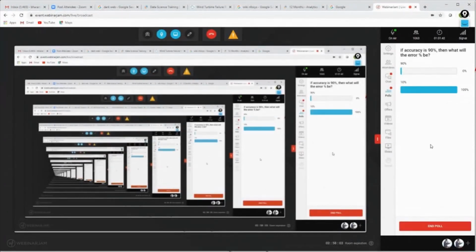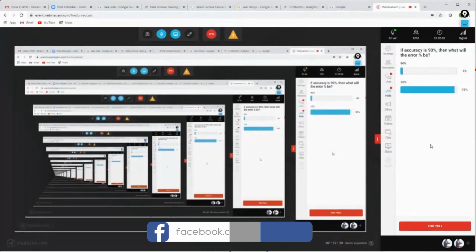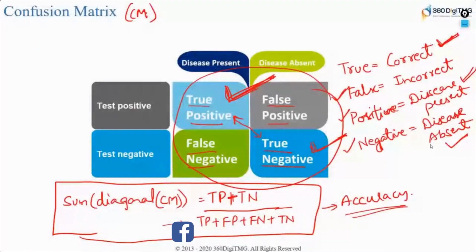Please, can you answer this? If accuracy is 90%, I'm saying in your exam you got 90%, what percentage did you lose? That is the error. Okay, a few of you are getting it wrong.